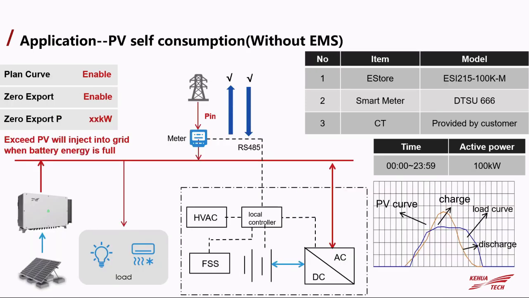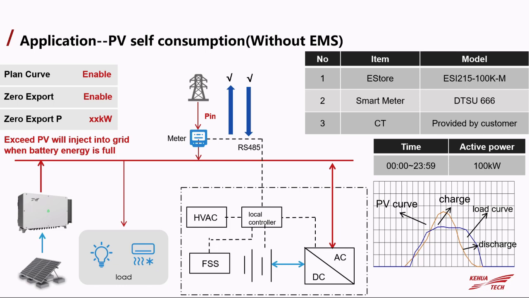And I think this is very popular for existing PV systems, because for some existing PV systems, we need to add an energy storage system to balance the solar energy.